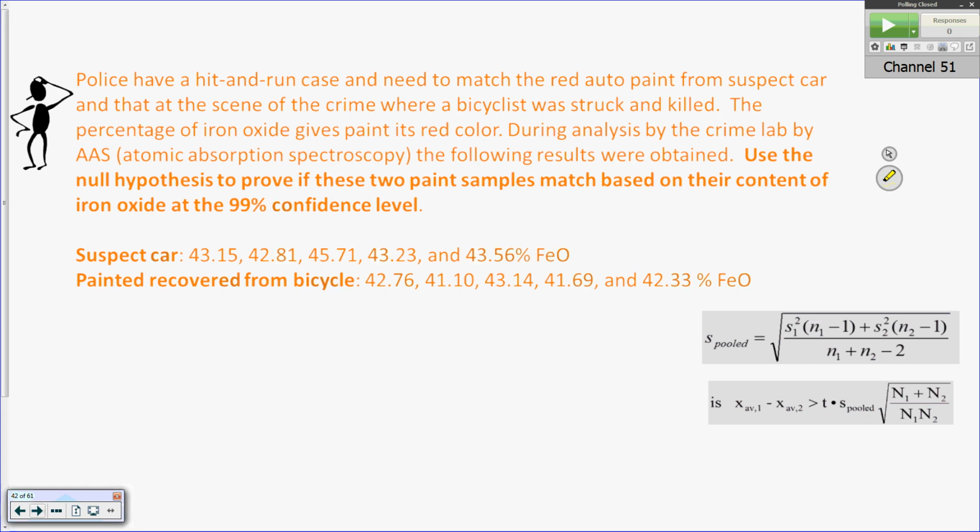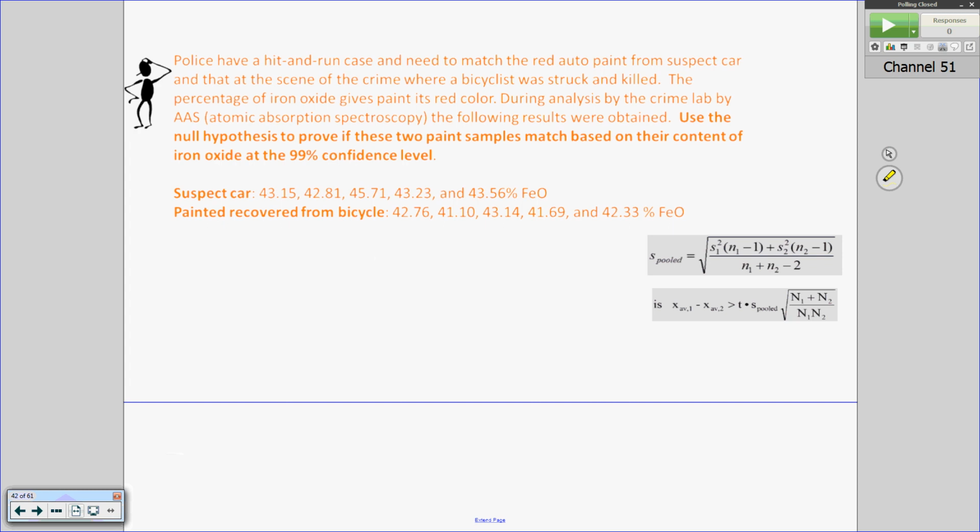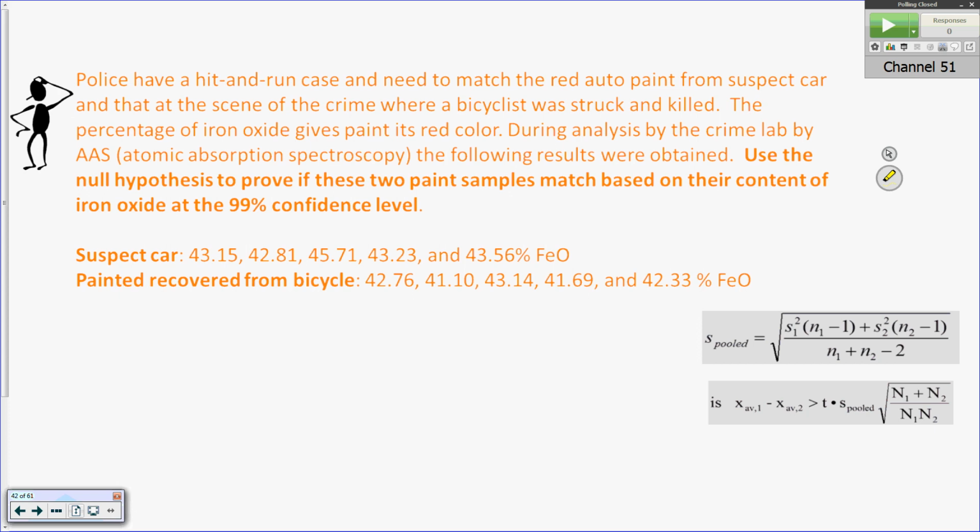So here is an old test question. All right. So I'm going to extend the page because we're certainly going to need it. All right, well, not yet. So here's a hit and run case where you've got a dead bicyclist, which I don't like because I ride my bike, and it's red paint from the bike.